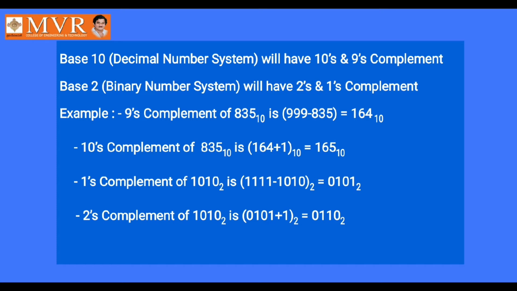In the same way, for the 8's complement, you subtract each digit from 7, that is r minus 1, which gives the 7's complement. If you want r's complement, that is the 8's complement, add 1 to the resultant number. So whatever logic and calculations we are performing for base 10 and base 2 are applicable for any other base system like octal and hexadecimal.